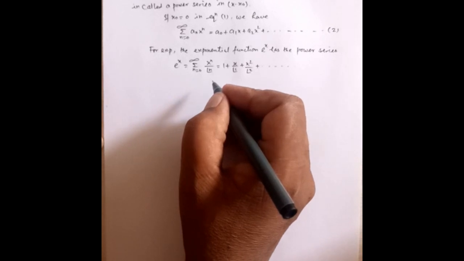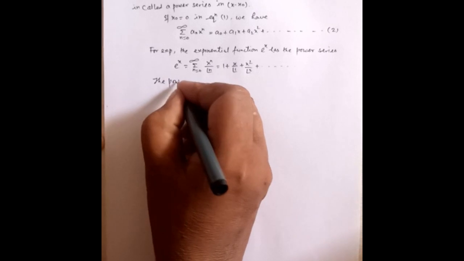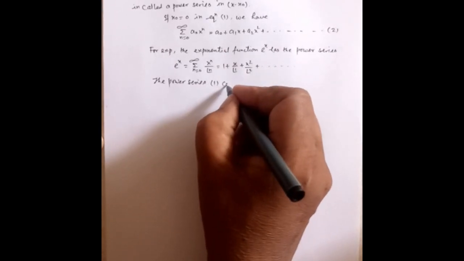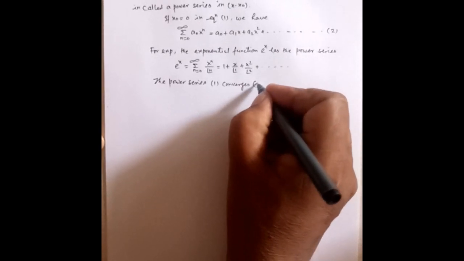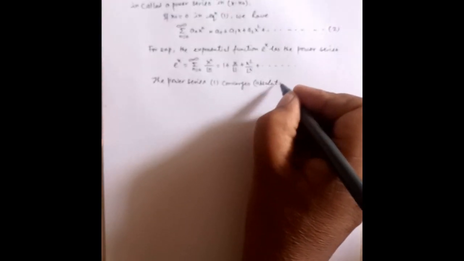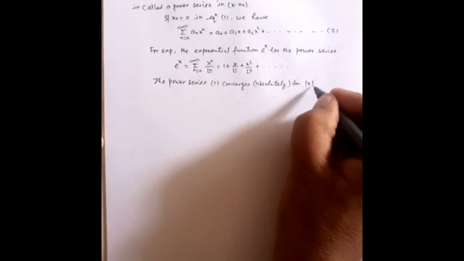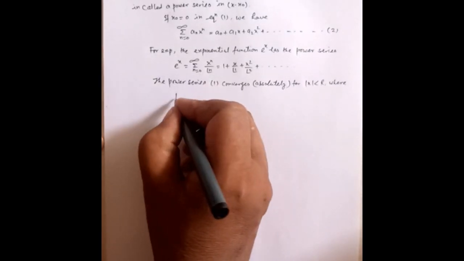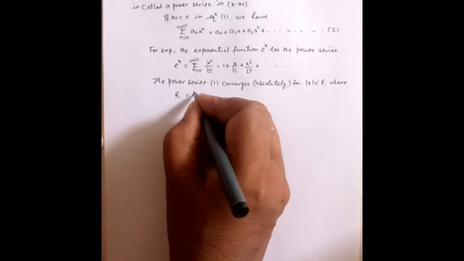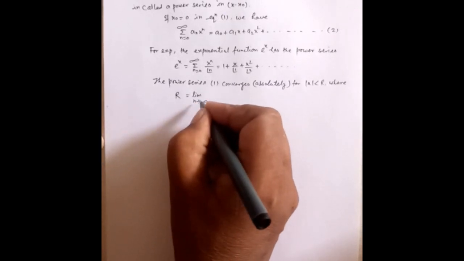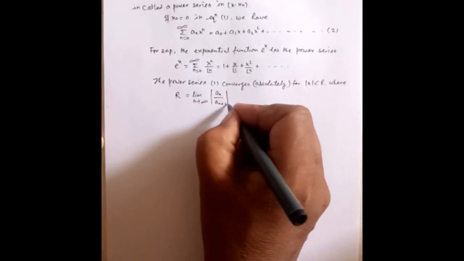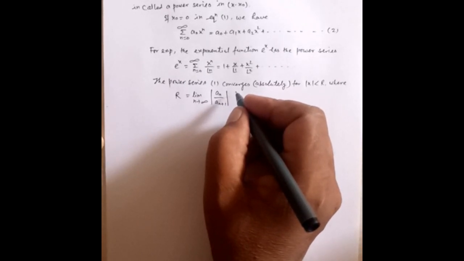The power series 1 converges absolutely for mod of x less than R, where R is equal to the limit as n tends to infinity of mod of a_n upon a_(n+1), provided the limit exists.